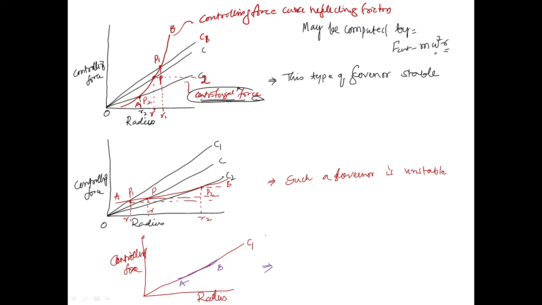Sometimes it is not possible to get isochronous governors because of the frictional forces. Suppose the calculated controlling force based on the centrifugal equation, as well as the resolved equation with respect to the mass of the ball and the mass of the sleeve, gives the same curve, then you can call such governors isochronous governors.